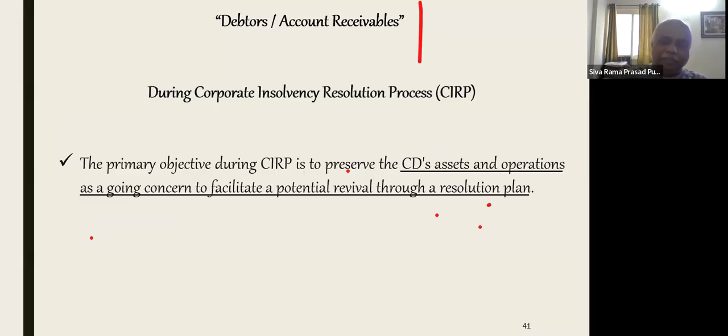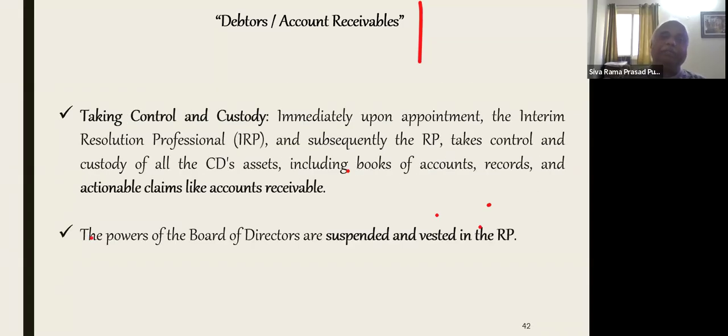During CIRP, the primary objective is preserving the assets of the corporate debtor, and keeping the operations a going concern to facilitate the potential revival through a resolution plan. And these are to be recovered properly.